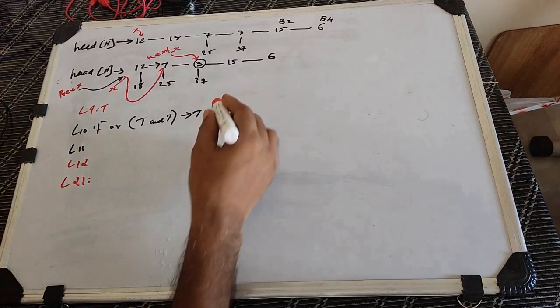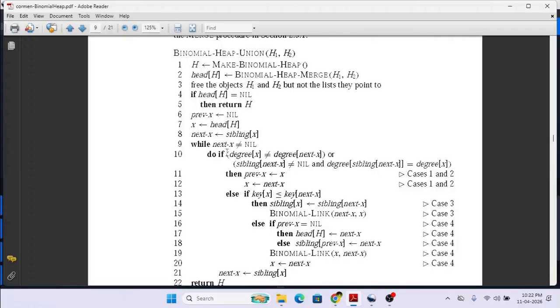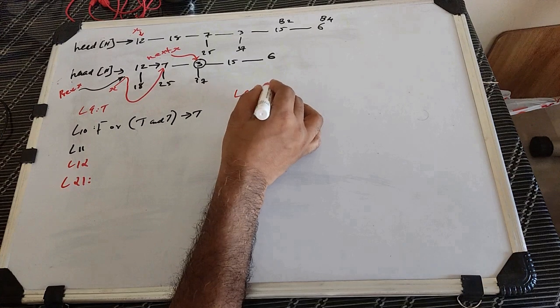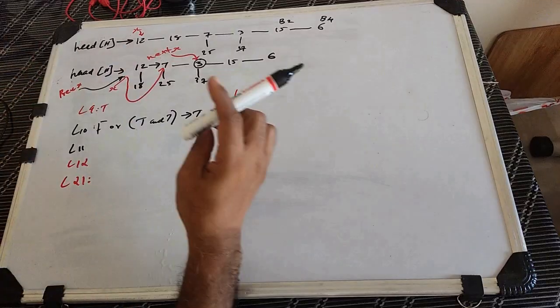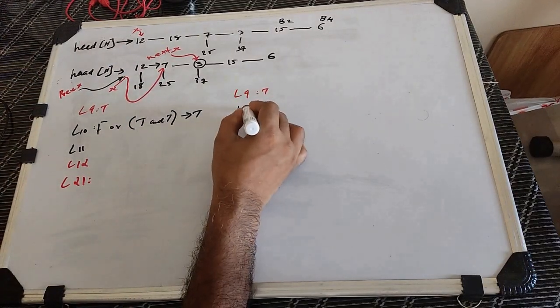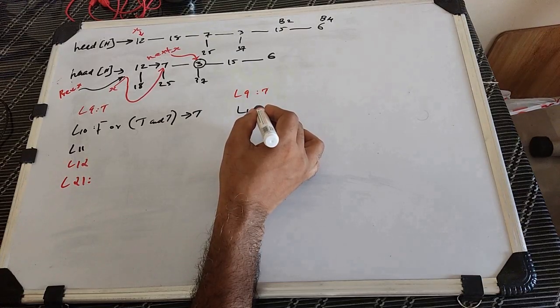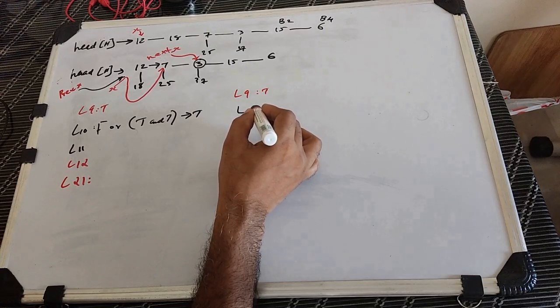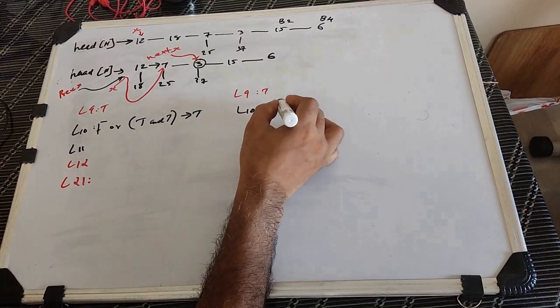Then again we are moving to line number 9. While next x not equal to null, this is true. Then line number 10. The first condition is degree of x not equal to degree of next x. Okay, that is false. They are same.